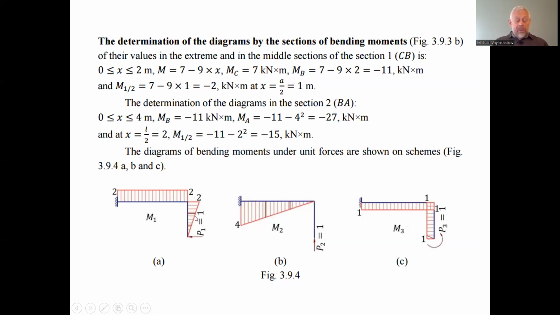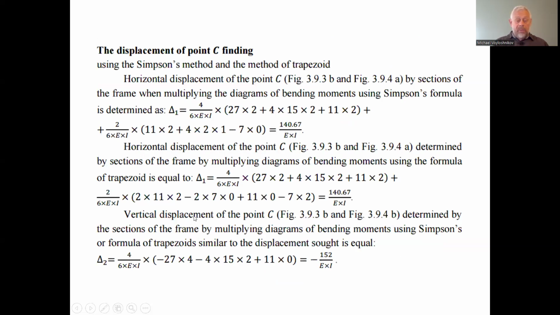We have the magnitude 1, so we have the product of 2 by 1 in the middle of the second element, and at the end we have to do the product of minus 7 by 0.